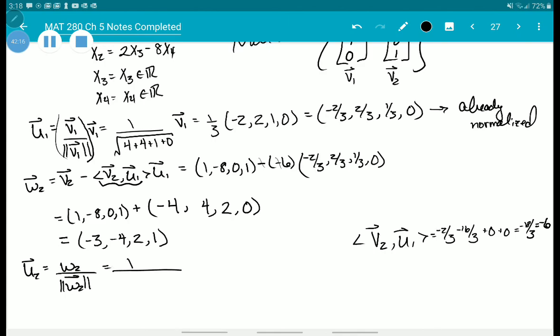So 1 over the square root: negative 3 squared is 9, negative 4 squared is 16, 2 squared is 4, 1 squared is 1. Times W2. So that's 1 over the square root of 30 times W2.